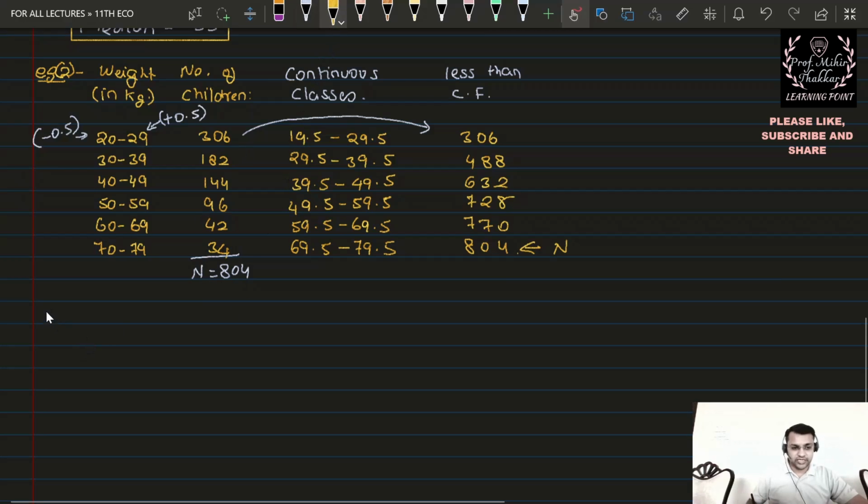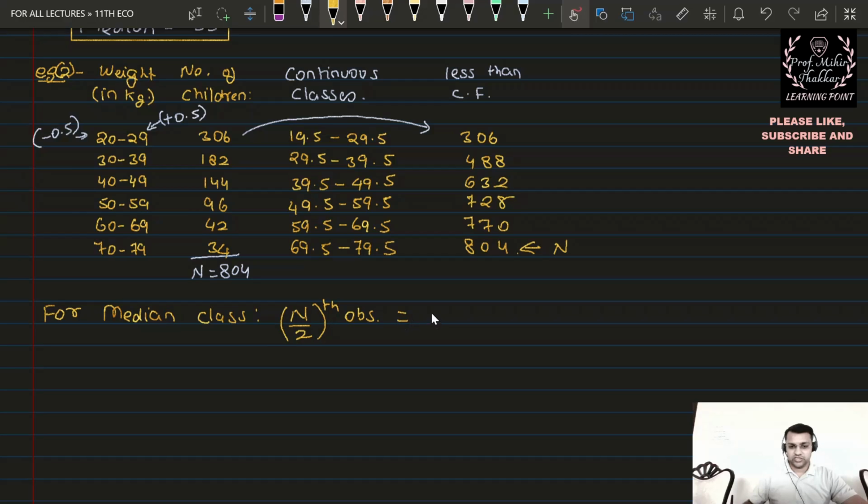Then guys, once again for median class, I have to calculate the N upon 2th observation, which is 804 upon 2, which is equal to the 402th observation.